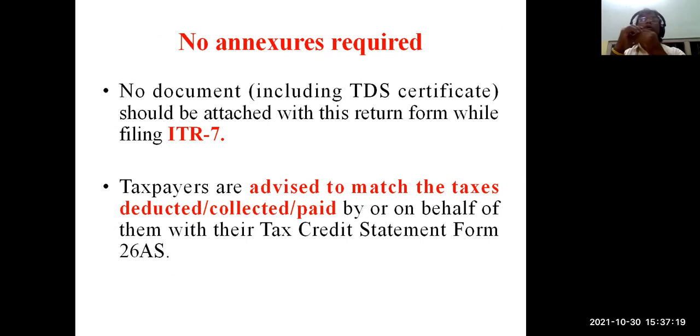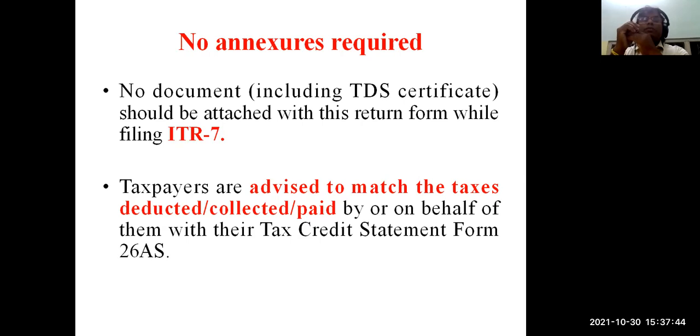And remember one more point, no NFCR is required. No document, including TDS certificate, should be attached with this return form while filing ITR-7. TDS certificate, TCS certificate, all these things need not be attached.